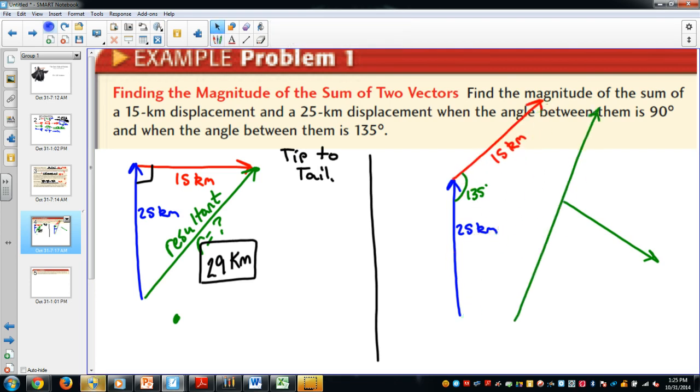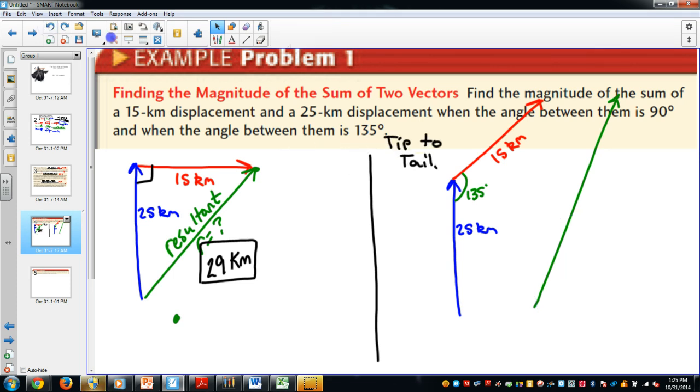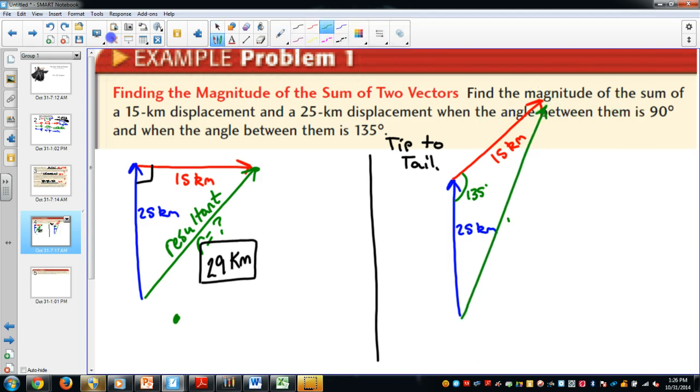They're nowhere near the same league as each other. You're going to get totally different numbers and totally different directions. So make sure that when you do it, you add them tip to tail. On the tip of one vector, I put the tail of another. And so my resultant goes right here. So this is my resultant.